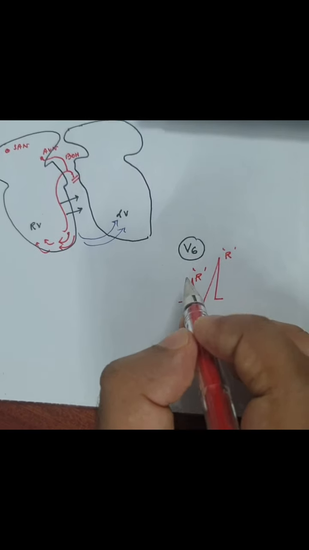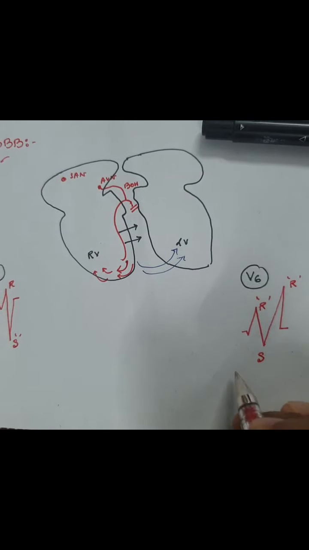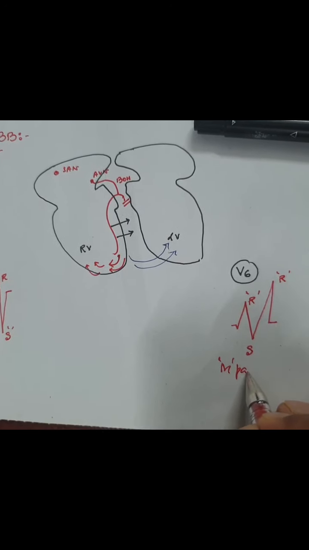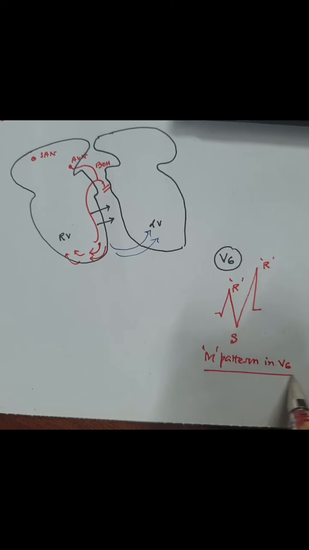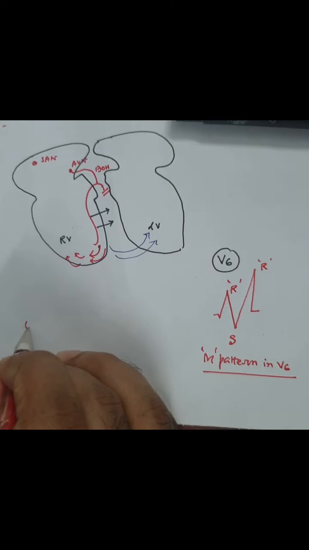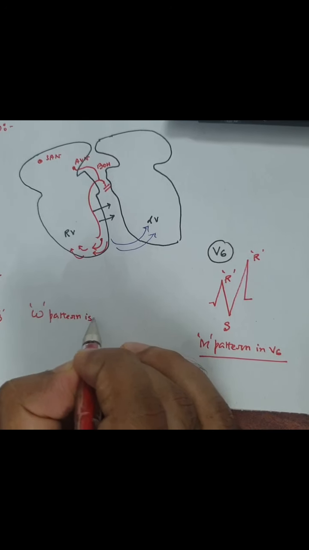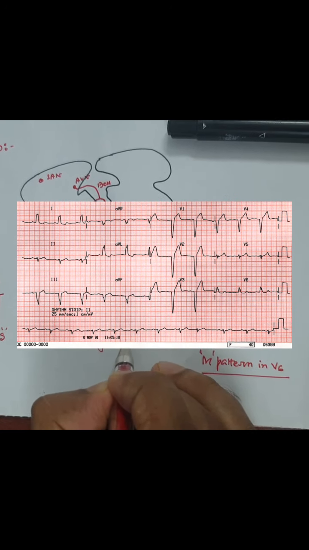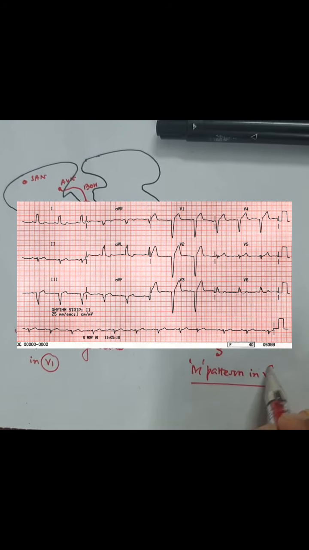So remember, in left bundle branch block there is an M pattern generated in V6, or an inverted M or W pattern generated in V1 lead.